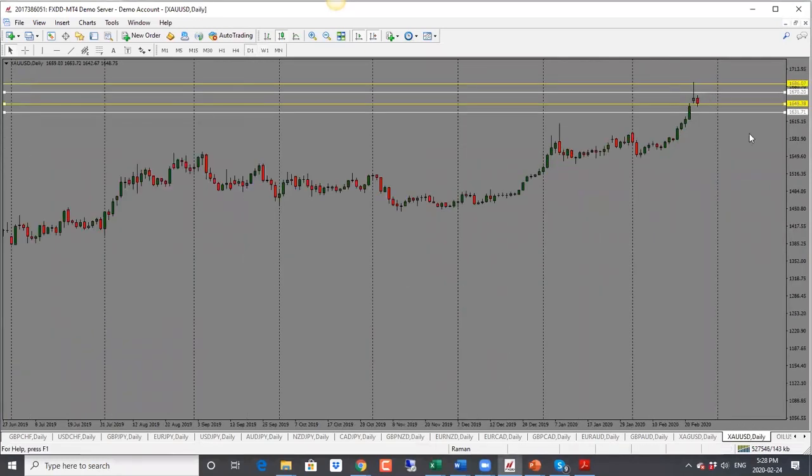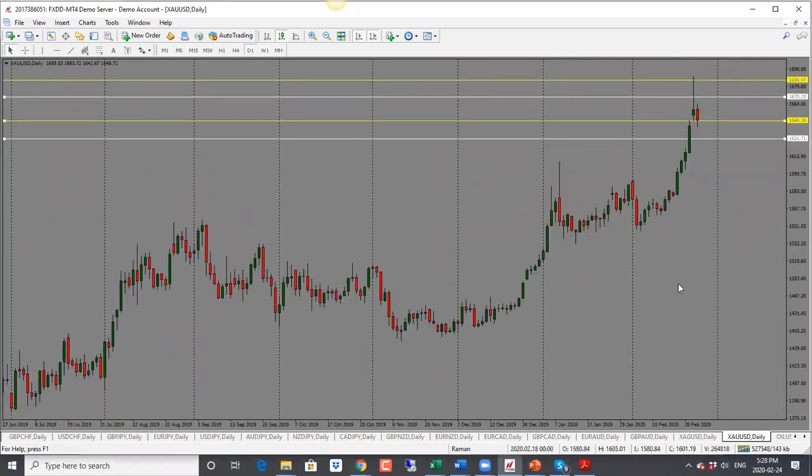Gold as well went up. It went all the way up, but now, as we can see, after those comments from the World Health Organization, things are turning around, but it did not finish up. Price did open quite a bit to the upside, and then it turned around and came back.